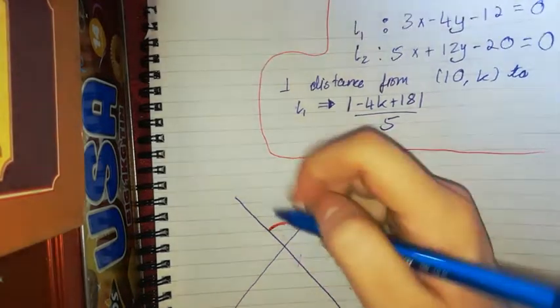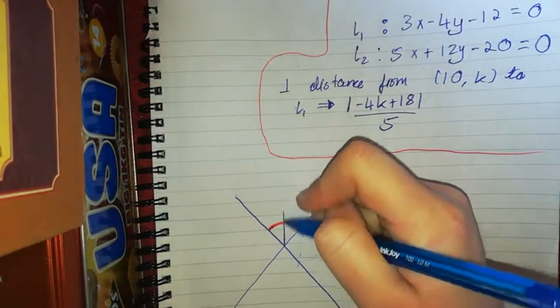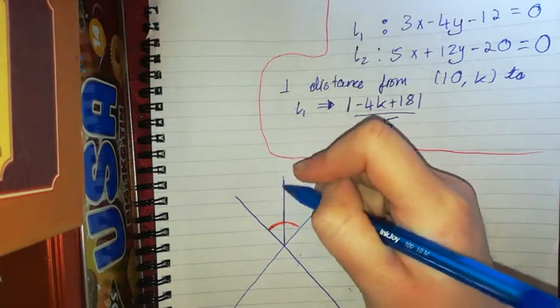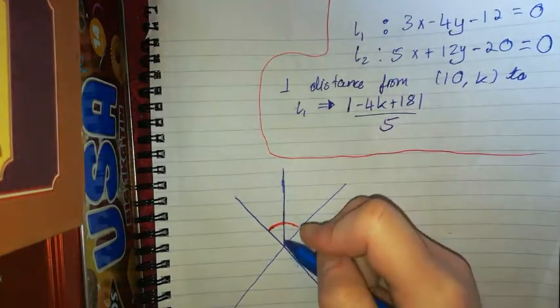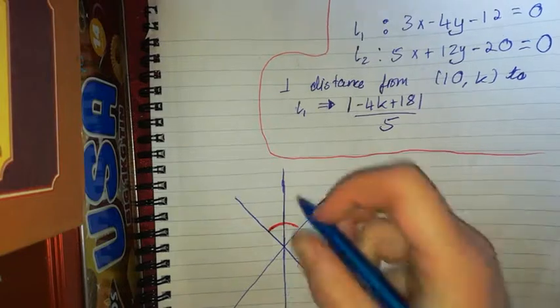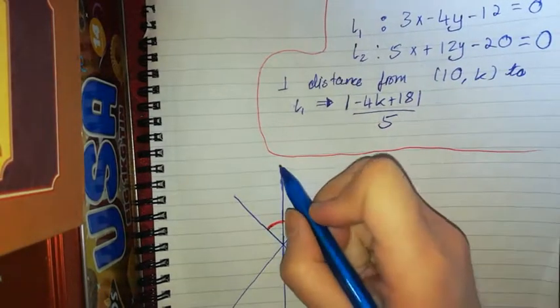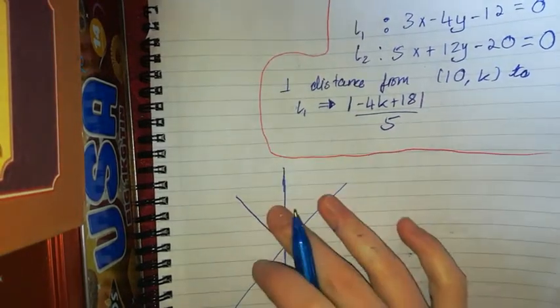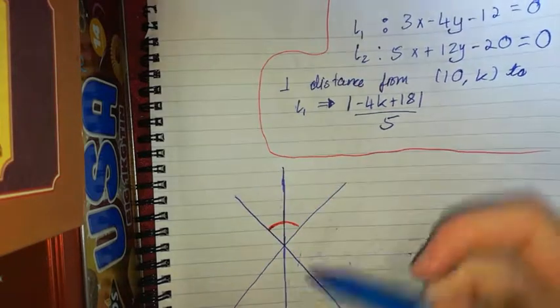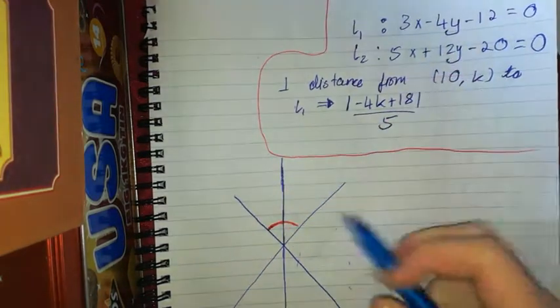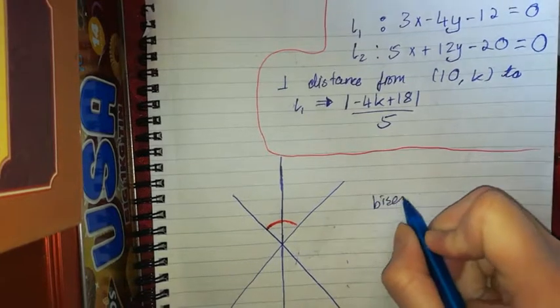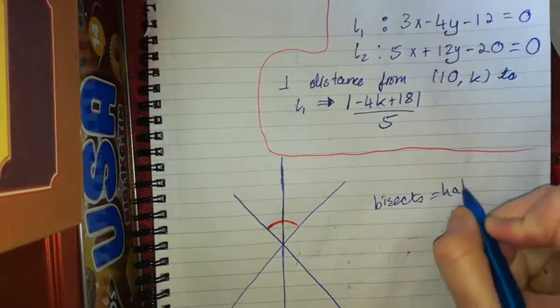So half in the middle of this angle, there's another line which 10k is on. It could be anywhere, but it's on a bisector, a line that bisects. Bisects means halves the angle.